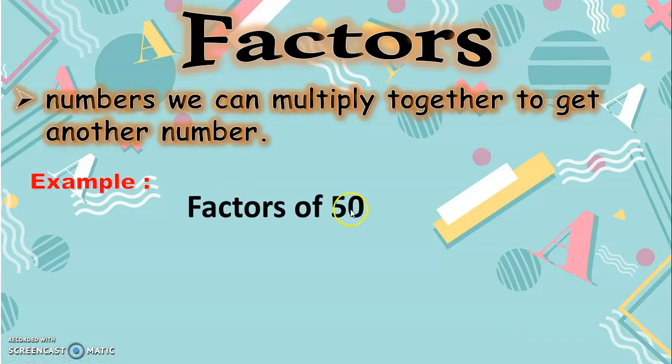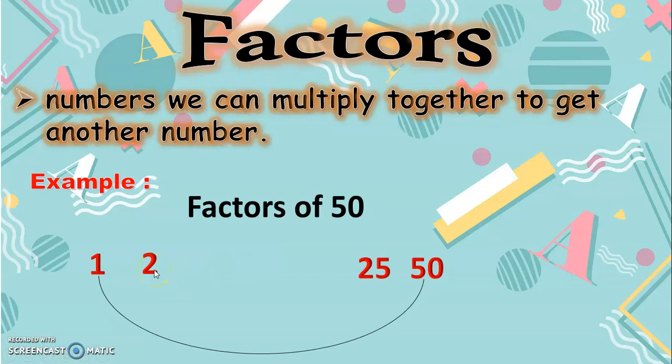Let us get the factors of 50. So we will have pairs of factors. The first pair is 1 and 50. It means if we multiply 1 times 50, the answer is 50. Next one is 2 and 25.